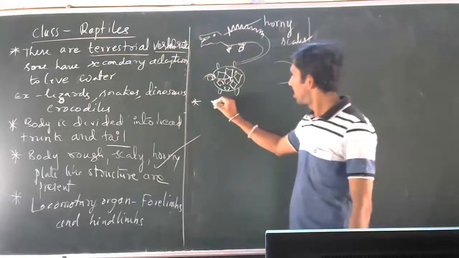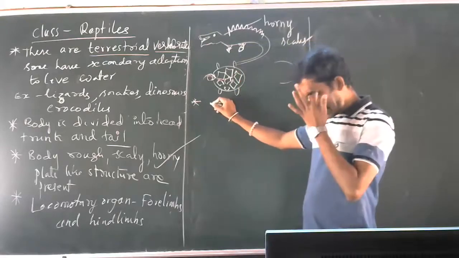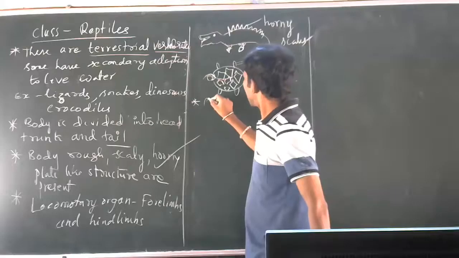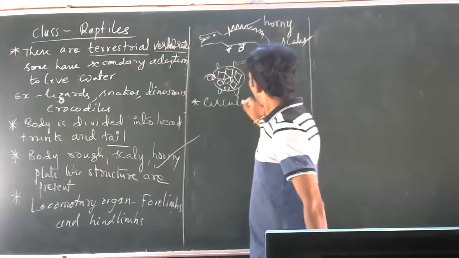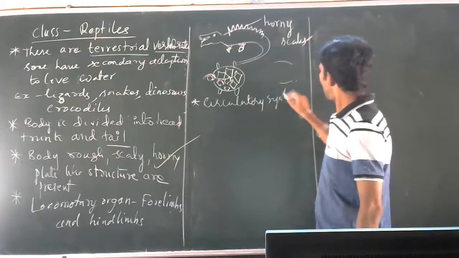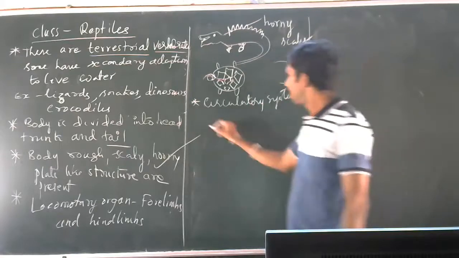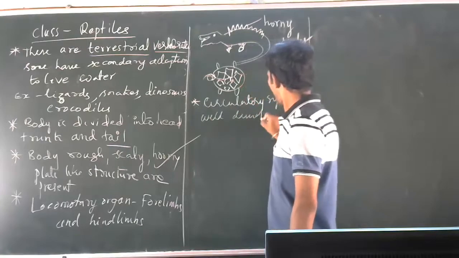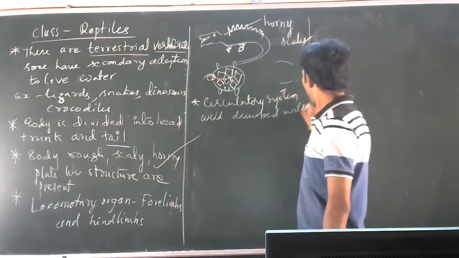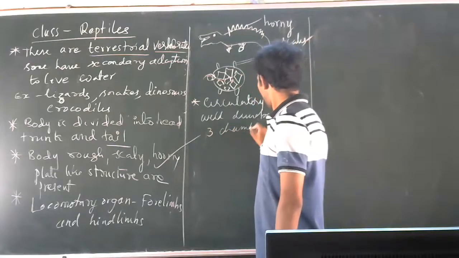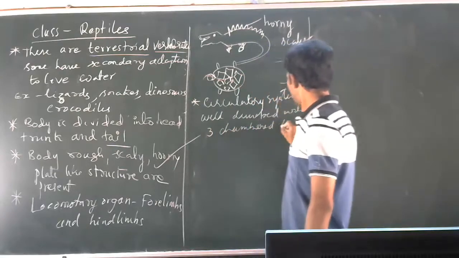Then identifying characters means you can tell about the circulatory system. The circulatory system is well developed, with a 3-chambered heart.